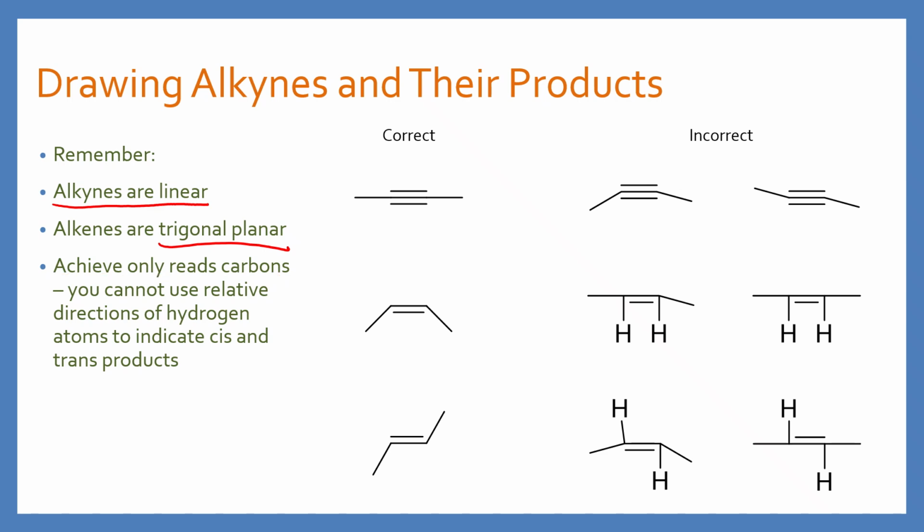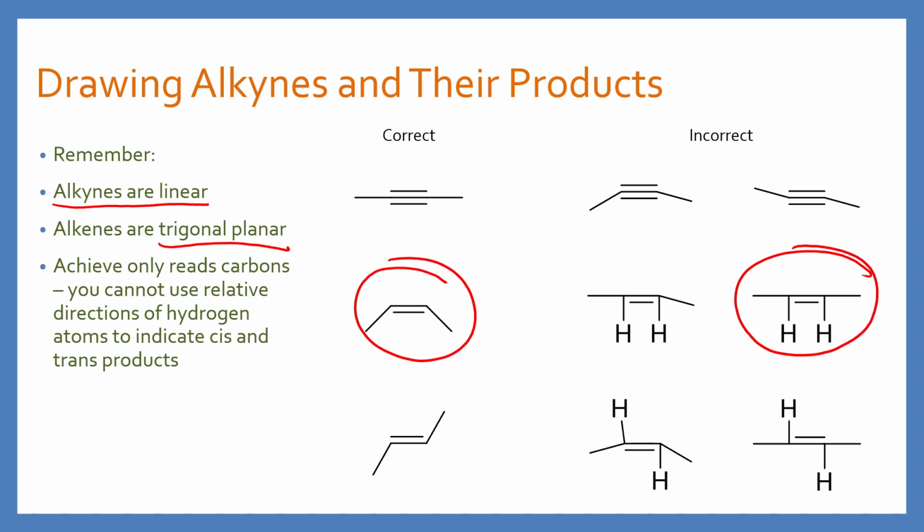And I've seen students who started off with their linear alkyne. They want to indicate that they made a cis alkene. And so they think, okay, well, I can just put my hydrogens on the same side, and that makes these cis as well. But it doesn't. And Achieve won't know how to read that. And you're going to get stuck in a loop where you know that you've come up with the right idea, you're just not drawing it correctly.